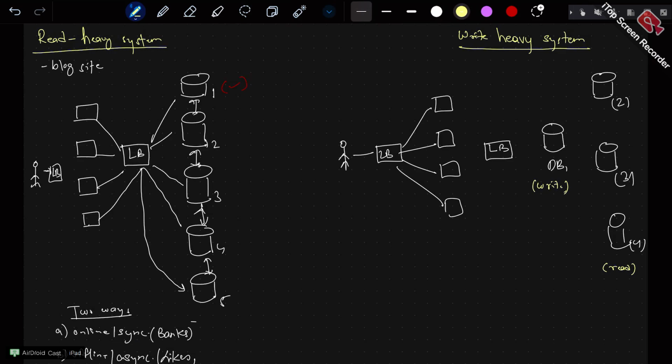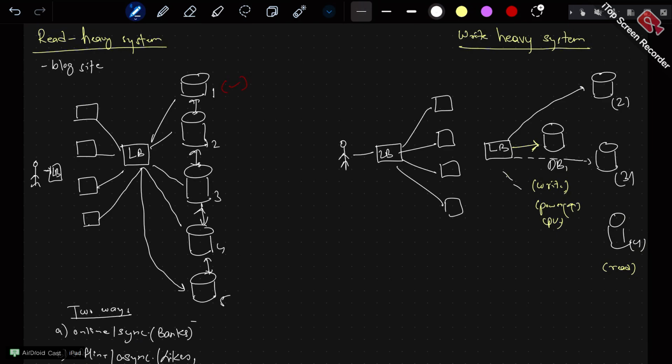Now we have segregated the databases. This one has more power, more CPU and extra resources, and we have made it such that our writes will happen only to this particular database, db1, and our reads will always happen on 2, 3 and 4. Understood this point? So your write requests will always go to this database, and your read requests will go to these databases.